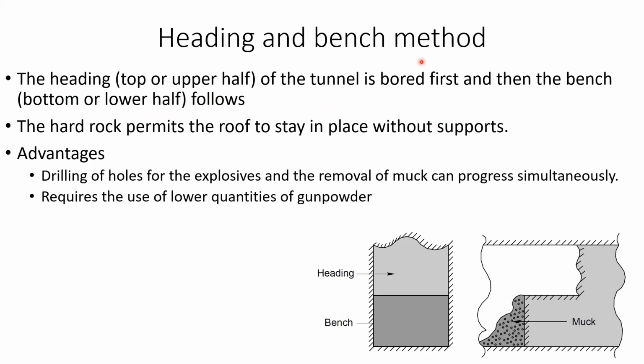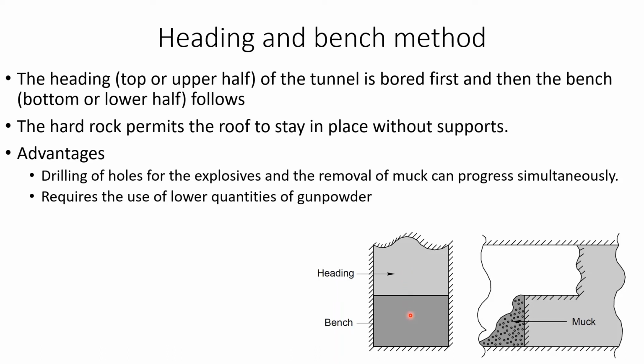Next is heading and benching. The entire tunnel is divided into the head and the bench portion. The top or upper half portion of the tunnel is known as the head portion, and the bottom or lower half portion is known as the bench portion. In this method, the heading of the tunnel is bored first, and then the bench portion follows.